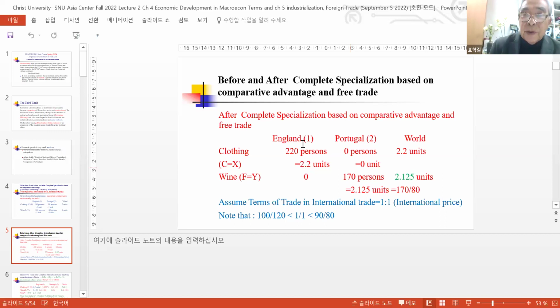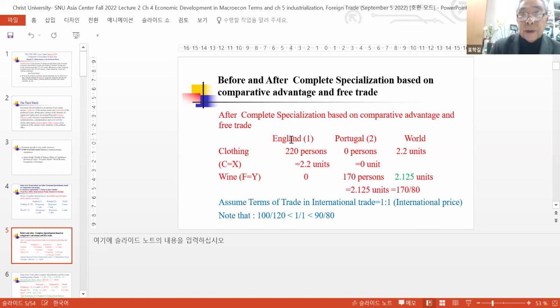If two countries engage in trade, usually the inferior country, by which I mean the country with the lower absolute advantage, gains more.